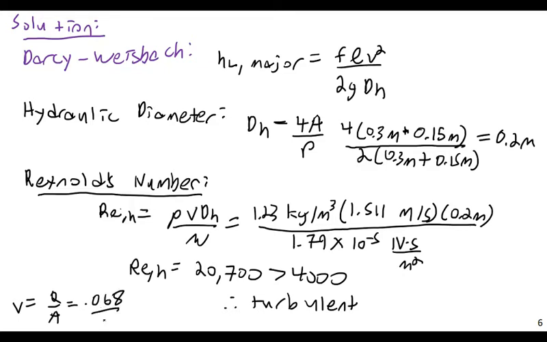Just put a little note down here. And that comes to 1.511 meters per second. So let's scribble that down there, and that's how we would figure that it's turbulent.